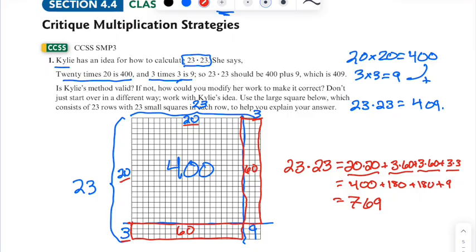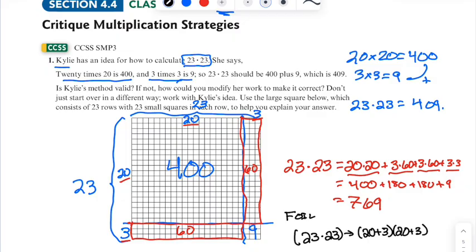You might actually recognize this picture, because this is the picture we often use when we're talking about something called FOIL. I don't love this acronym because it's really just the distributive property of multiplication over addition. But notice that's what's happening when I take 23 times 23 and view that as 20 plus 3 times 20 plus 3.